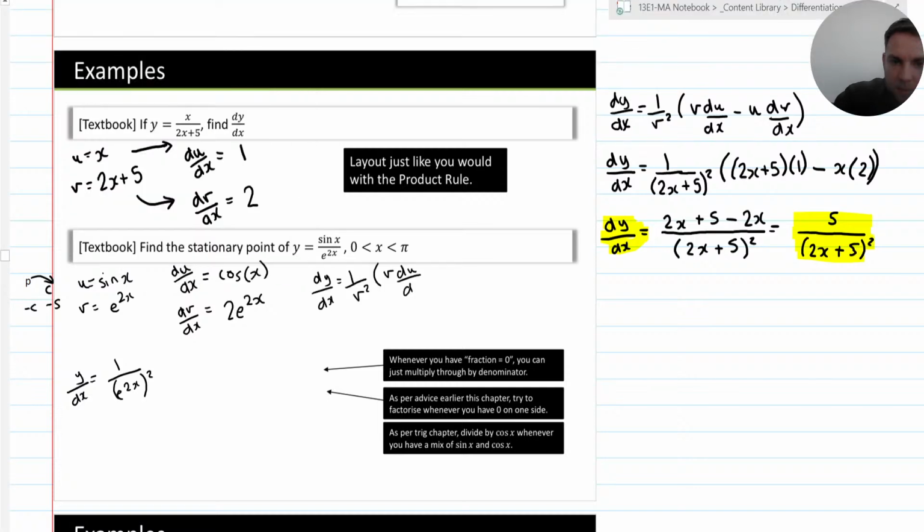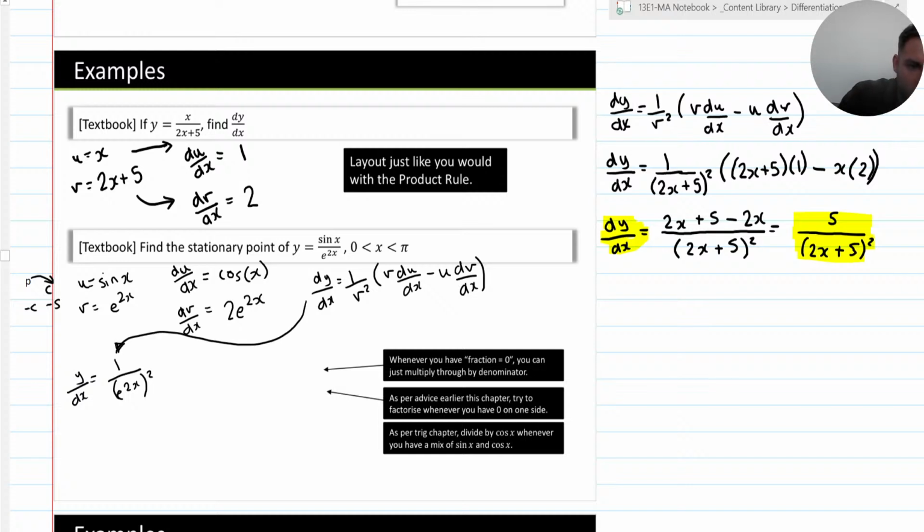I should have written down the formula first, shouldn't I? Just to make sure that you understand it, I'll write that down over here. So the formula is dy by dx is equal to 1 over v squared times by v du by dx minus u dv by dx, like so.